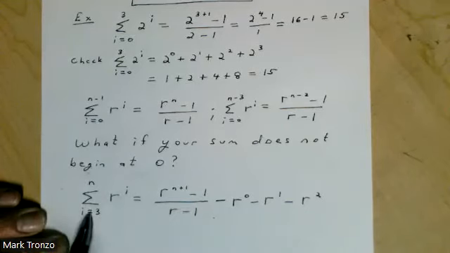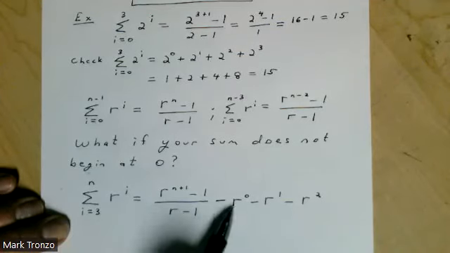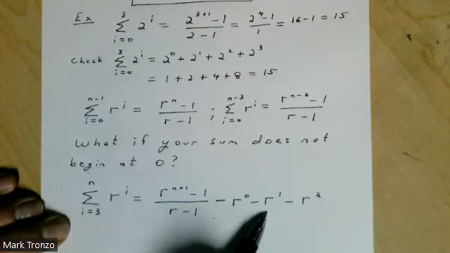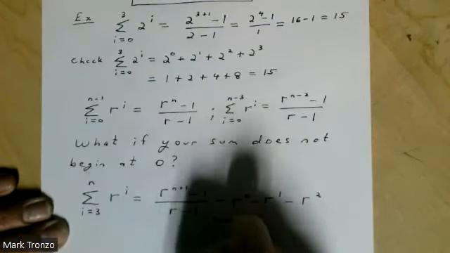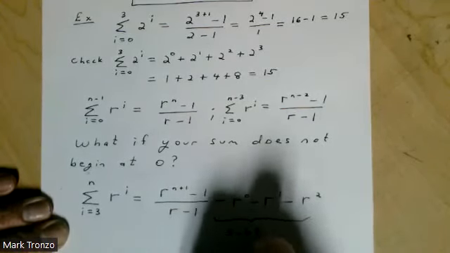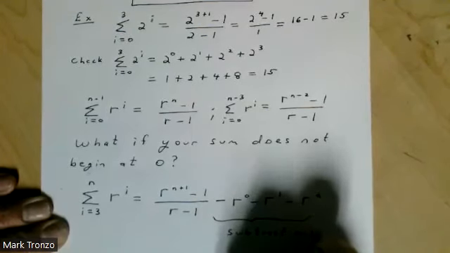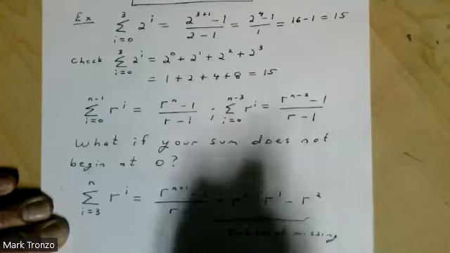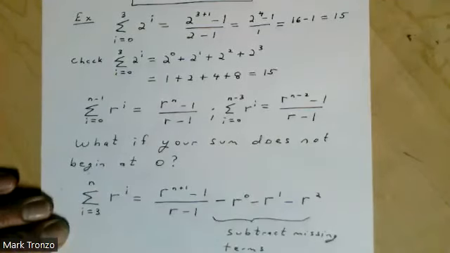But since we don't have all the terms from 0 to n, r to the 0 is not here, so we have to subtract it. r to the 1, subtract it. r squared, subtract it. So mainly, subtract missing terms.